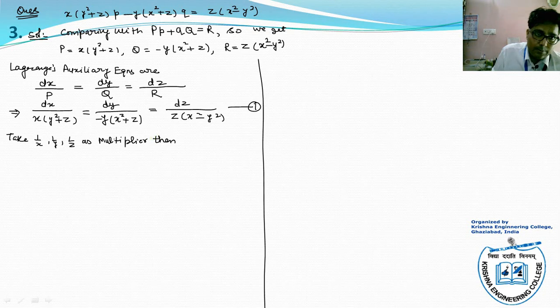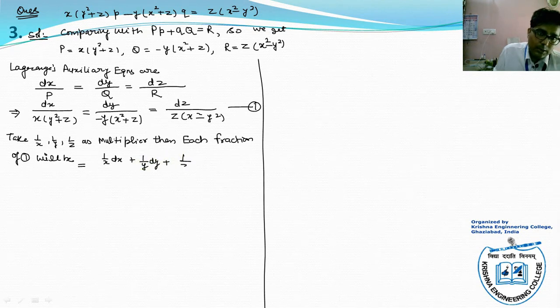Then each fraction will be 1 upon x dx plus 1 upon y dy plus 1 upon z dz, applying the same process in the denominator.